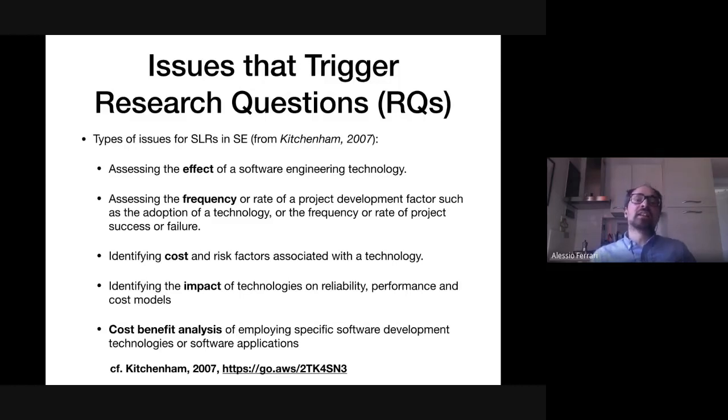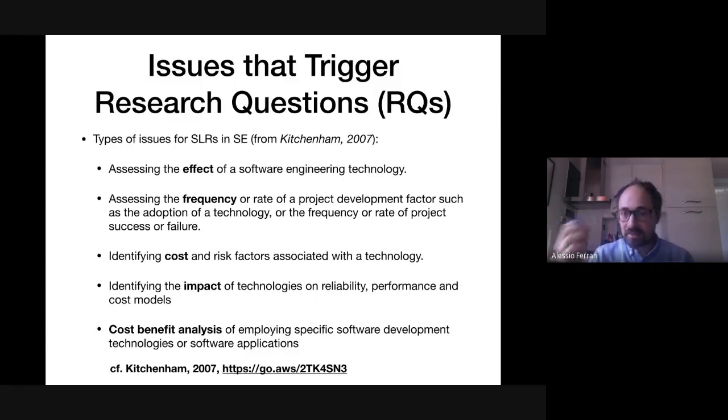Which are the issues that may trigger a research question for a systematic literature review? For example, assessing what is the effect of a certain software engineering technology. For example, I want to understand what is the effect of introducing UML or some model-based development activity in safety critical companies.